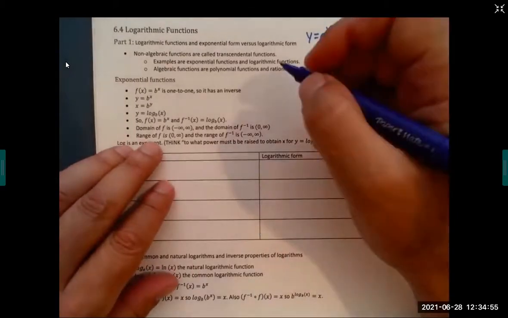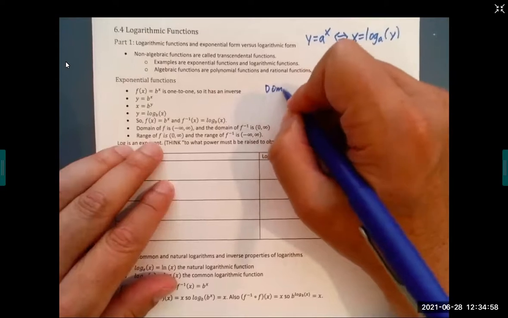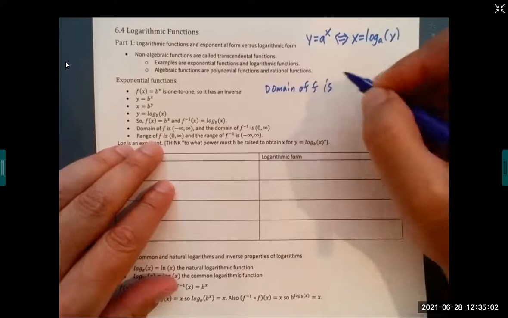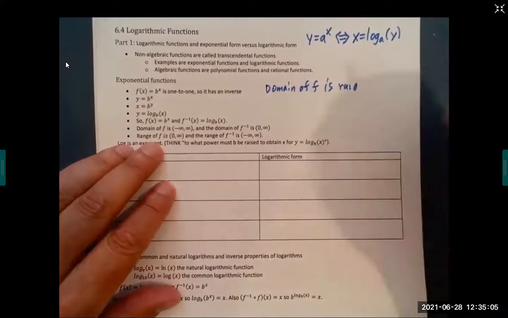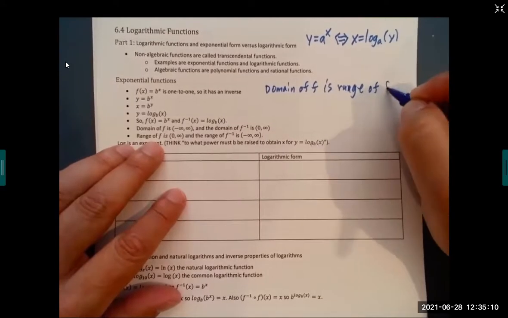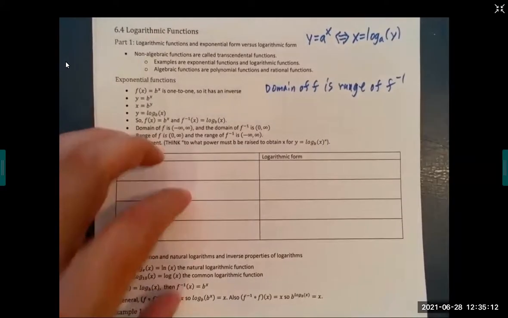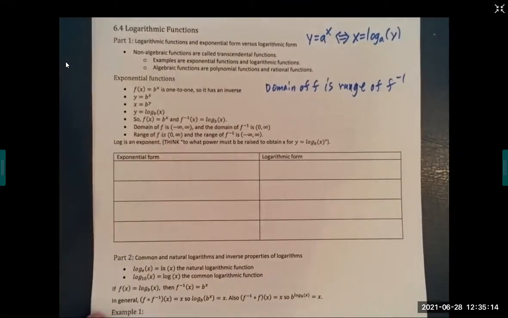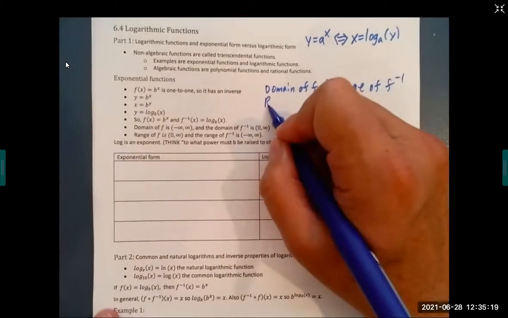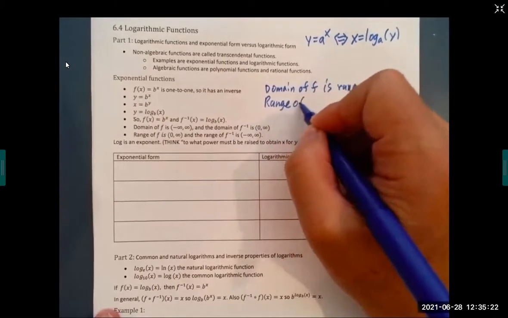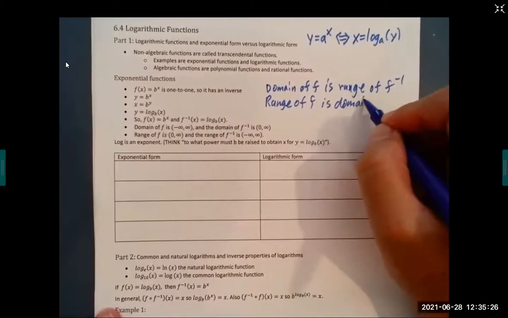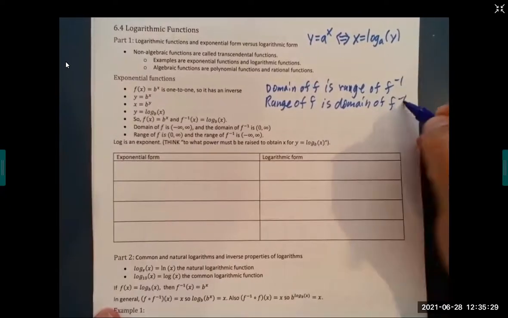Here's what it should say. The domain of f is the range of f inverse. So meaning everything switches. And the range of f is the domain of f inverse.